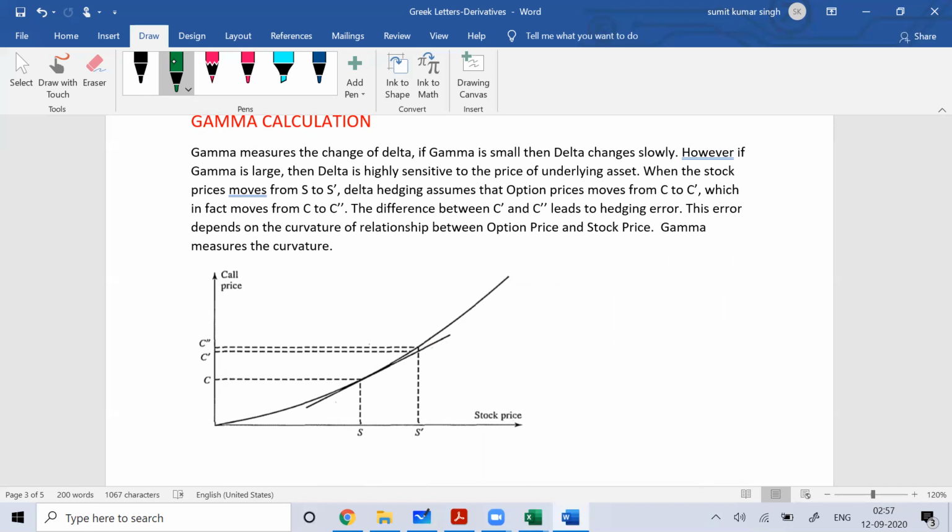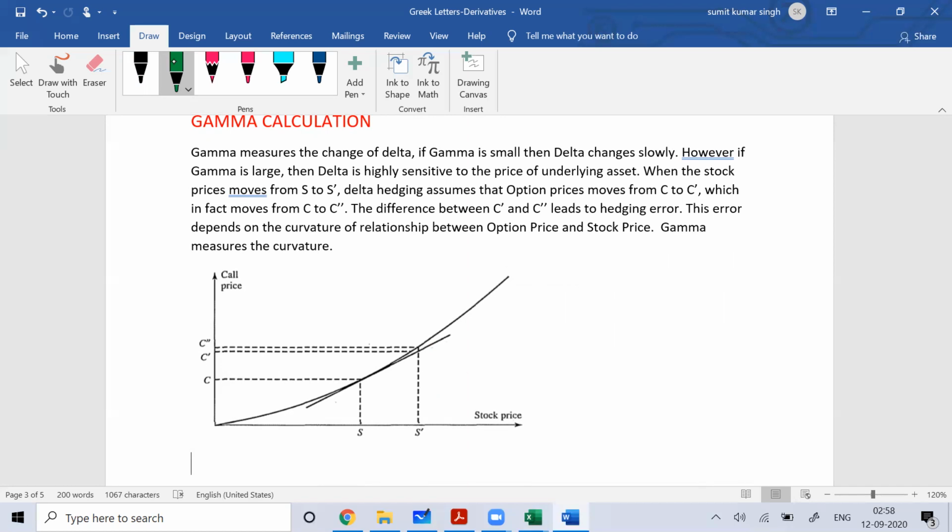That means the relationship is not linear. It is a convex relationship. That convex relationship is measured by a statistical tool called gamma, where gamma measures the change of delta.